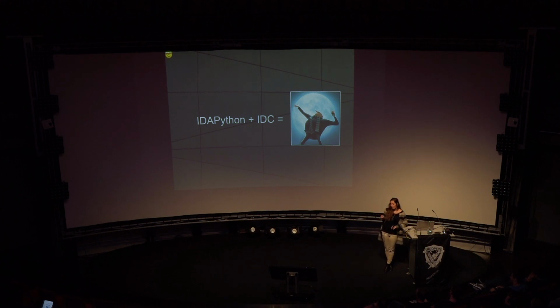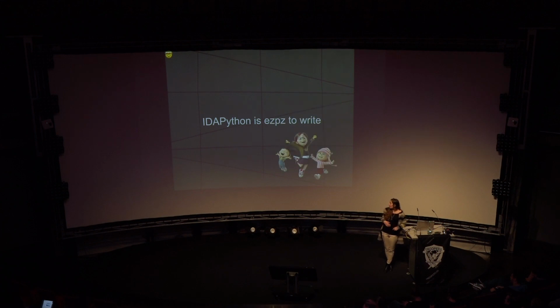These are tools that were created by IDA Pro, and they can be used to program some automation for reverse engineering. IDAPython is easy to write because it has lots of examples, because, well, everyone likes to write code in Python.